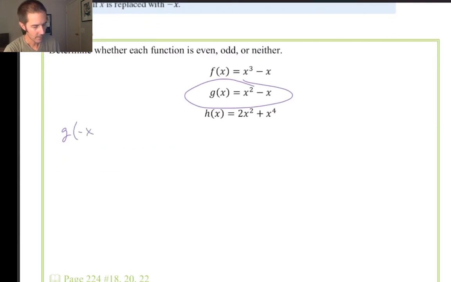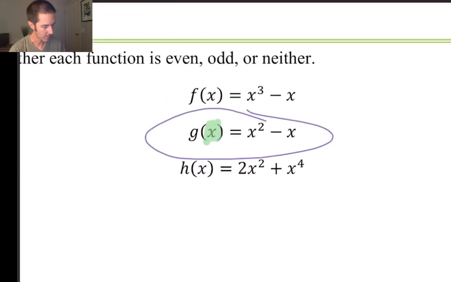g of negative x can be found by taking this x that's in here and replacing it with a negative x. And if we replace one x with a new value, we have to replace all of the x's. That's this one and this one.